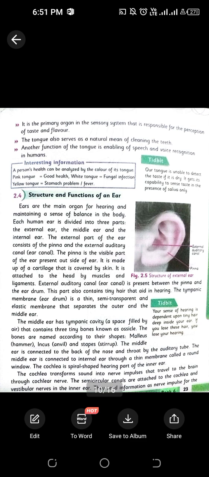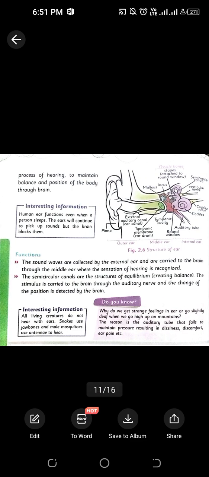They send information as nerve impulses to maintain the balance and the position of the body through the brain. The fun, interesting fact is the human ear functions even when the person is sleeping. The ear will continue to pick up sounds, but the brain blocks them. The main function of ear is to interpret the sounds.